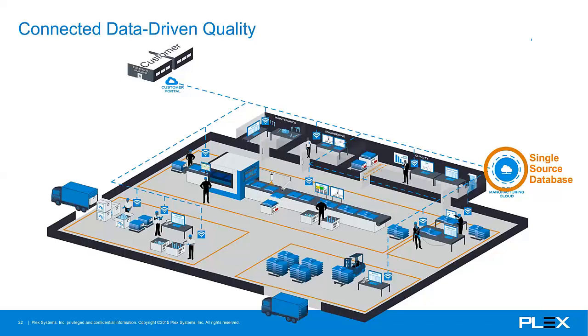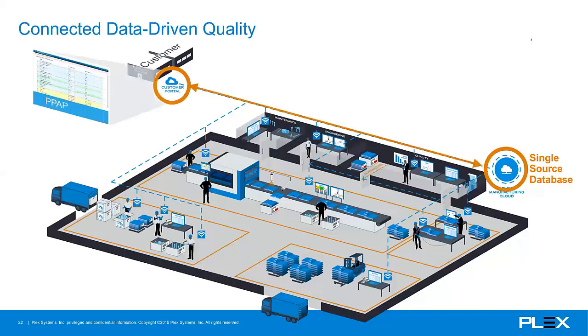It's a disintegrated process. In contrast, Plex is a digital solution that operates from a single central database. There are so many people and processes involved in operationalizing quality that without a single source of the data, it is impossible to sustain and maintain a quality process that will result in profitability.